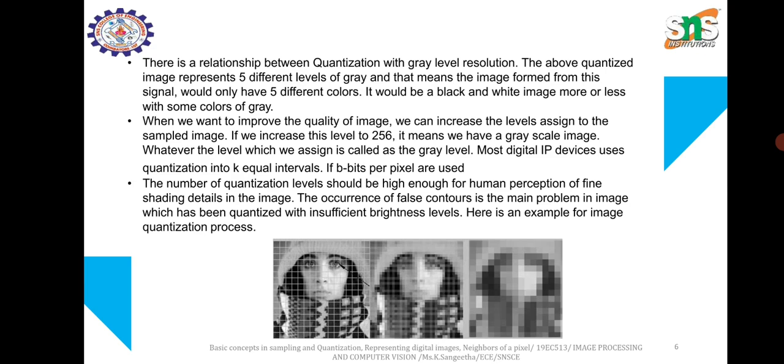Suppose we want to improve the quality of an image, we can increase the levels assigned to the sampled image. If we increase this level to 256, it means we have a grayscale image. The number of quantization levels should be high enough for human perception of fine shading details in the image, otherwise the image is quantized with insufficient brightness levels.